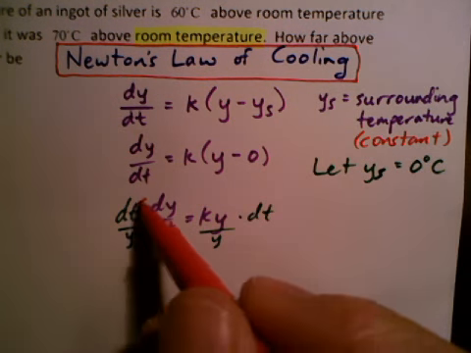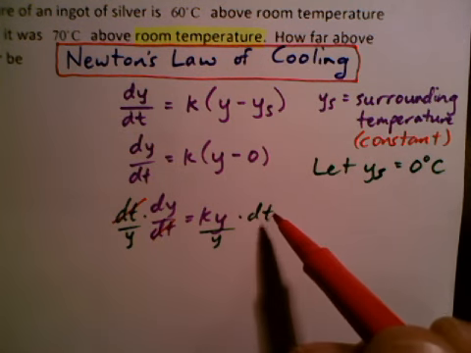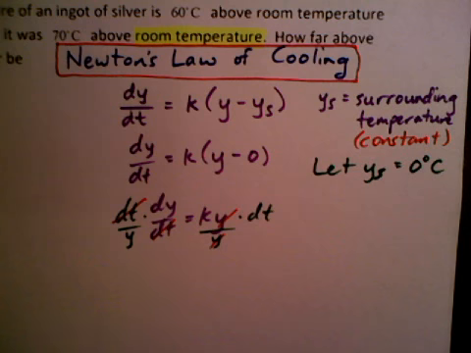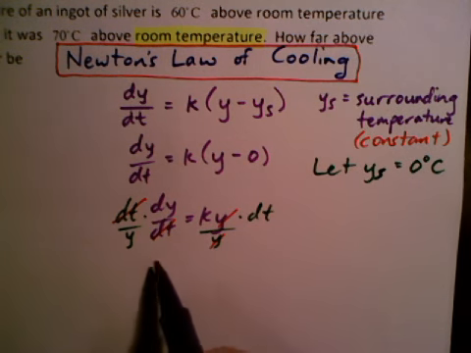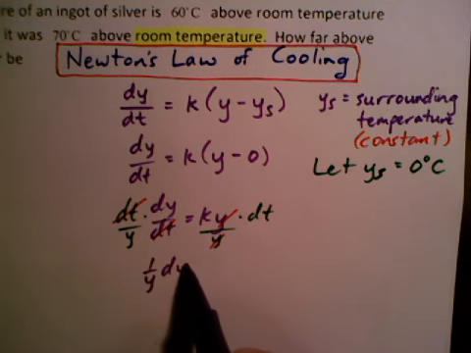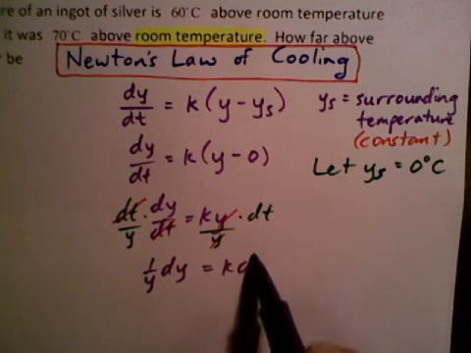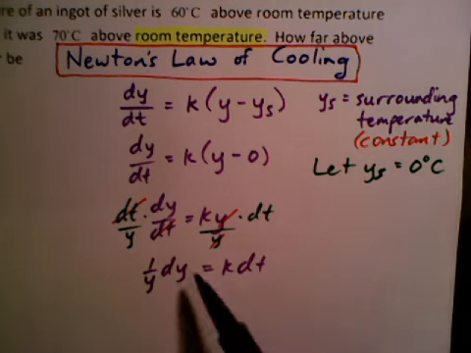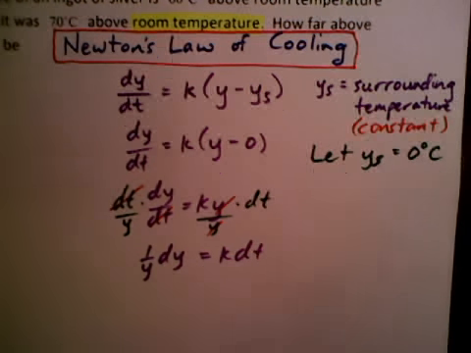We see that the dt's cancel, the y's cancel over here, and on the left side I'm going to write this like this so it might be easier for some of you to see. This process here is the same process that I keep talking about.